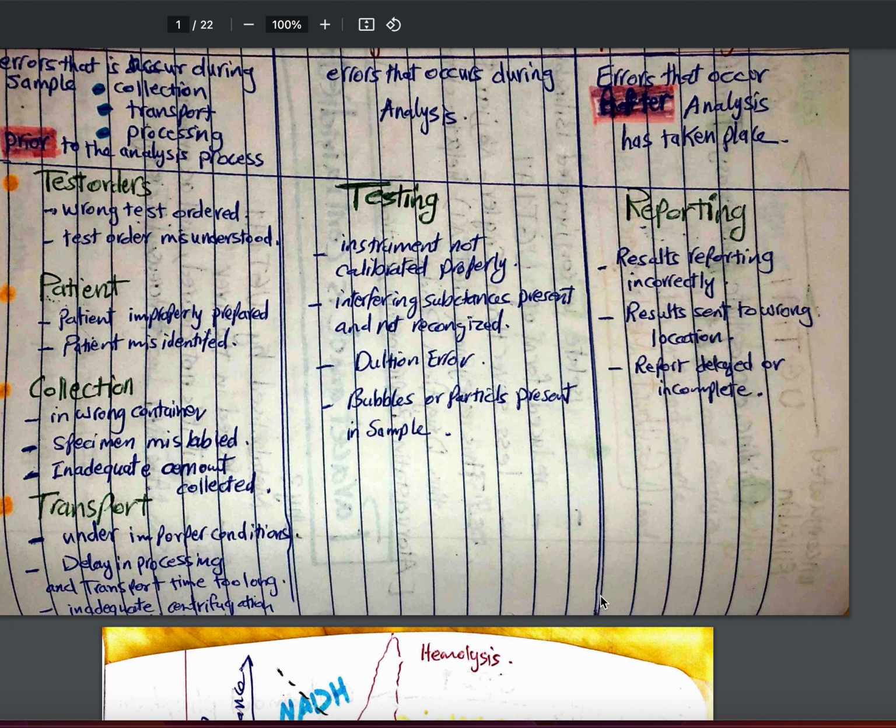It may also refer to the collection: the wrong container, the specimen is mislabeled, or an inadequate amount is collected.